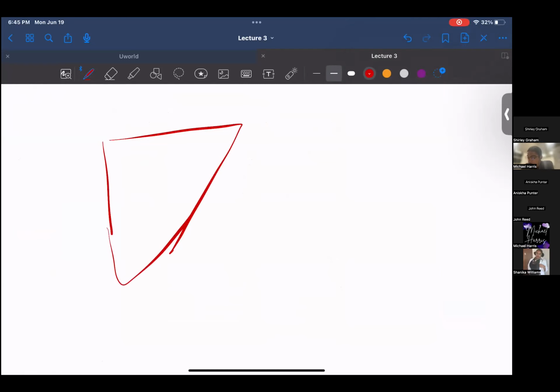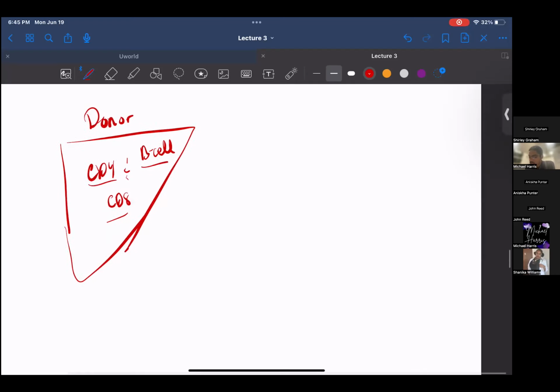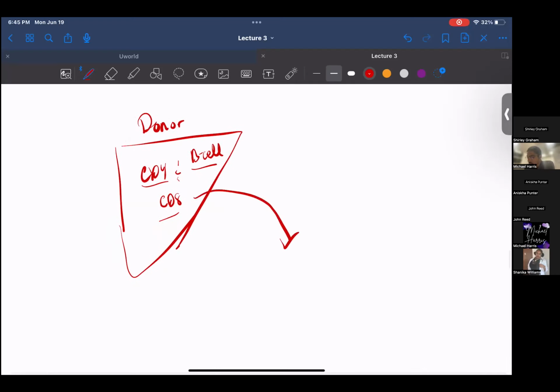And inside the liver, you still have CD4 and CD8. You have B cells present here. All these cells from the donor. What ends up happening is you take this liver and you transplant it to the recipient.